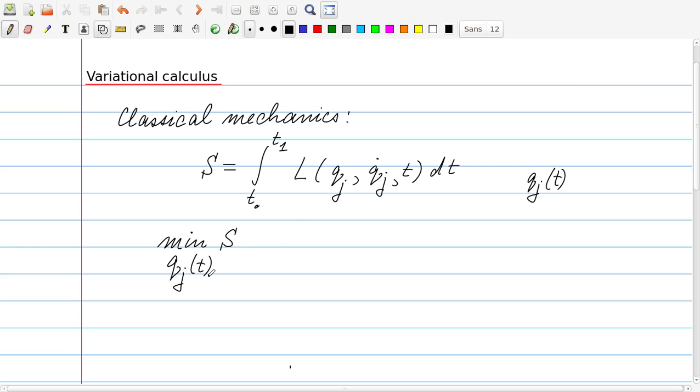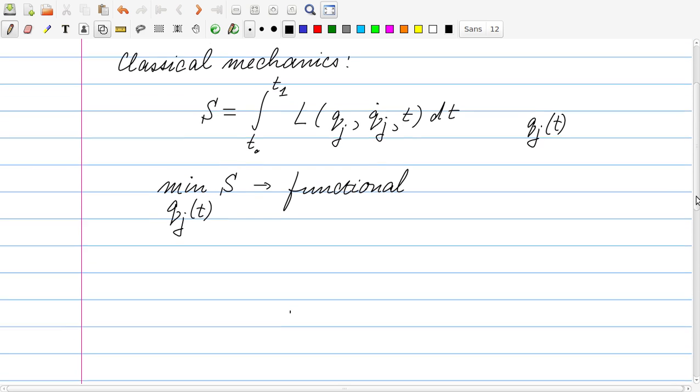And so S is also called a functional. So a functional is a mapping which assigns to each function or set of functions qj of t a real number by evaluating this integral.